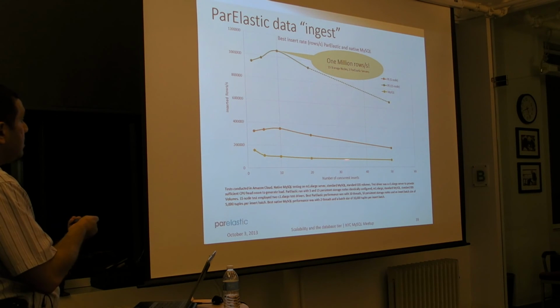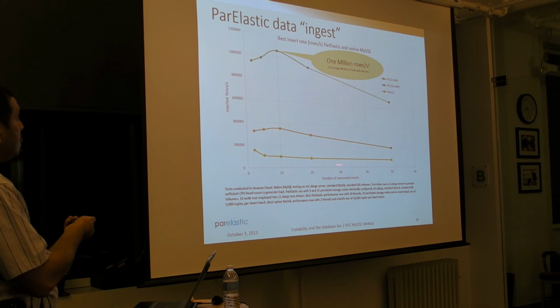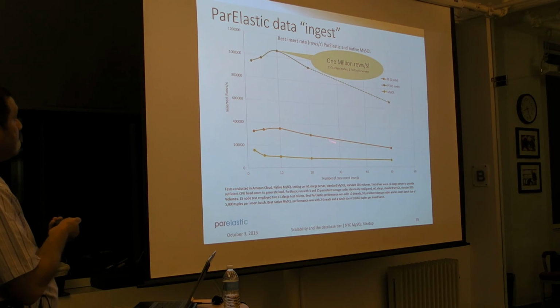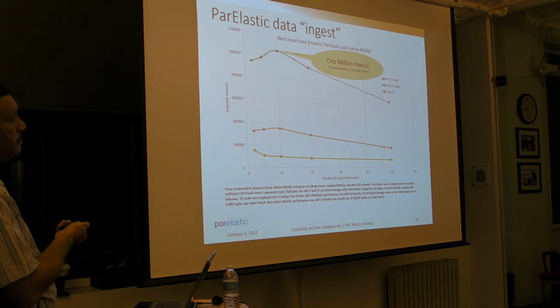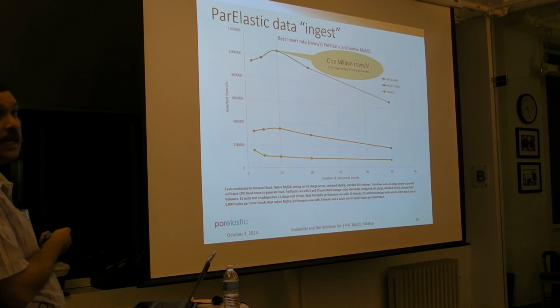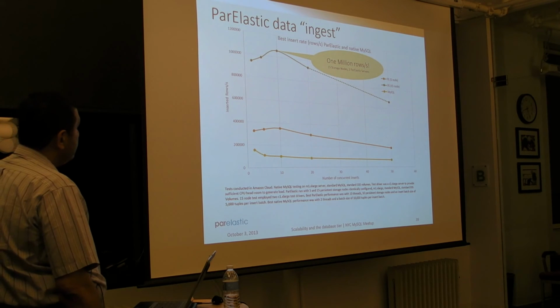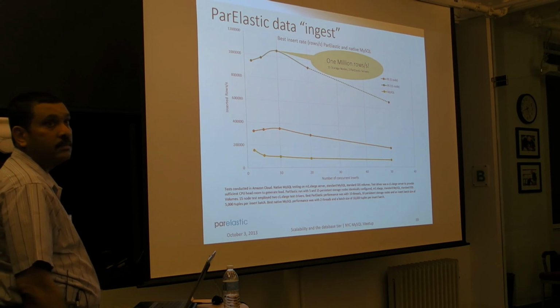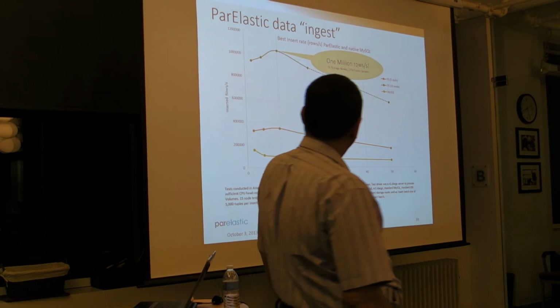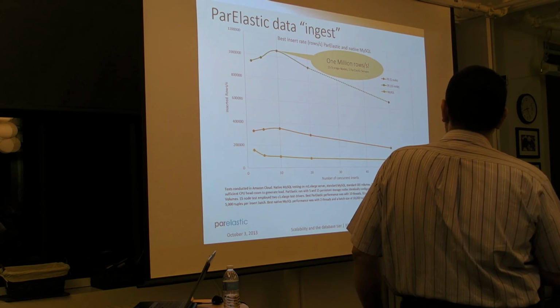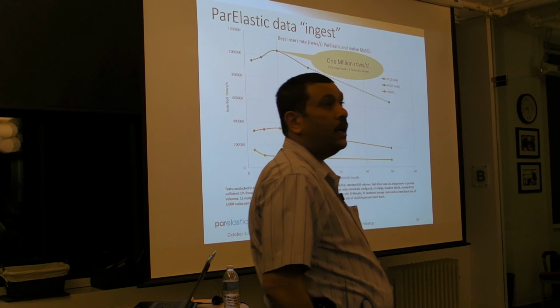Native MySQL rows per second. 5 ParElastic persistent nodes, 15 ParElastic persistent nodes, linear scale. And at a million rows a second, we're not even breathing hard.